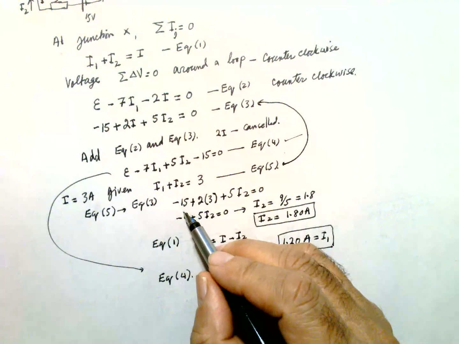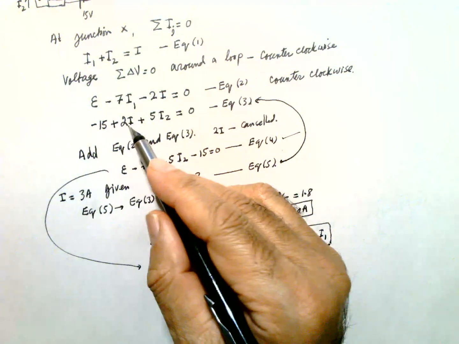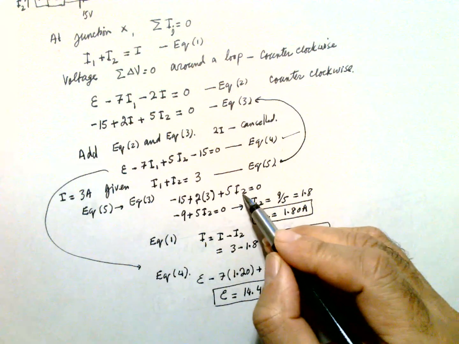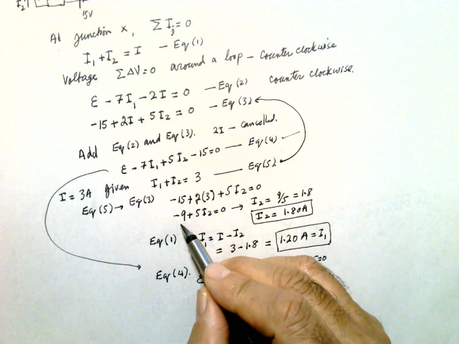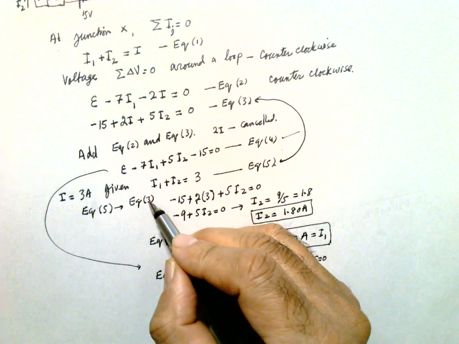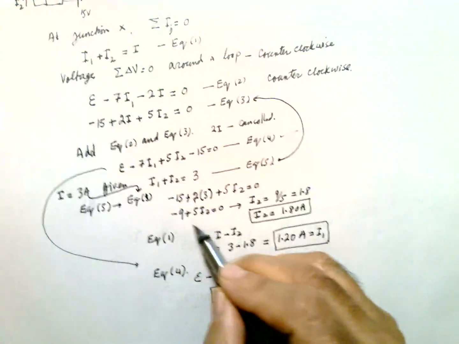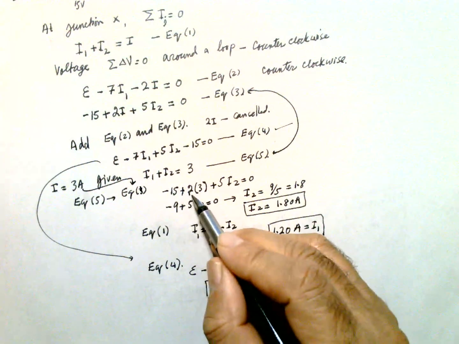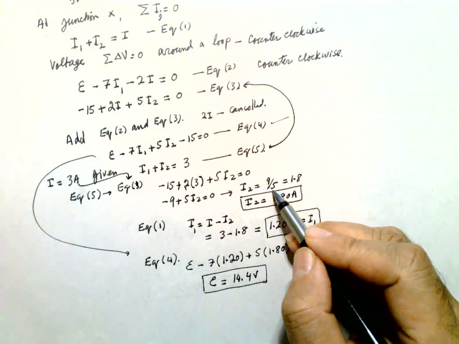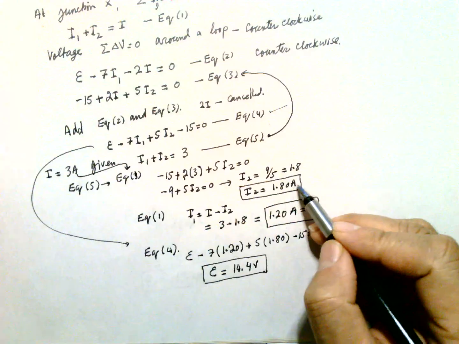So this one is equal to minus 15 plus 2 times 3 plus 5 into I2 is equal to 0. Actually, it should not be 5 here; it should be this equation. So minus 15 plus 6 minus 9 plus 5 I2. So I2 is equal to 9 over 5, which is 1.8, or to 3 sig fig 1.80 amp.